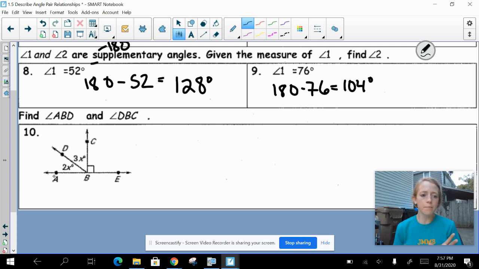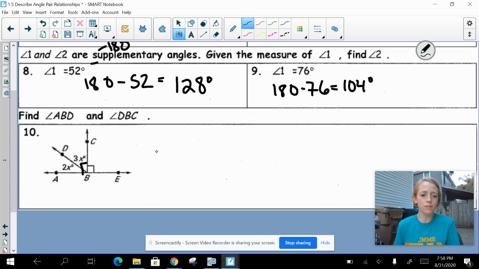Here, angle ABE is a straight angle, that's 180 degrees. Part of that is 90, so the other part also has to be 90 because it all adds up to 180. You do not necessarily know, though, that the 2x is equal to 3x. It doesn't say that. In fact, how could they be if this is 2x and this is 3x?